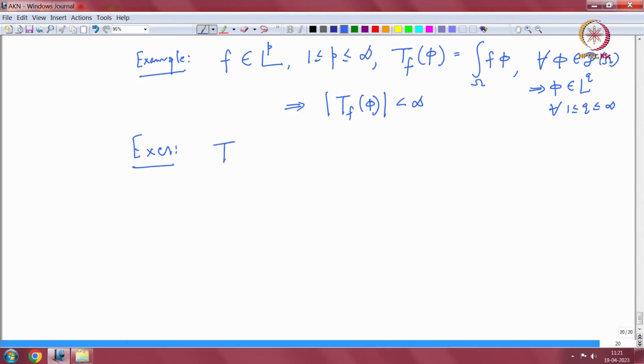Tf of phi_m converges to 0. So, to work out, it is exactly what I have done for locally integrable functions. For other cases you work out. Tf of phi_m converges to 0 if phi_m converges to 0 in D of omega.